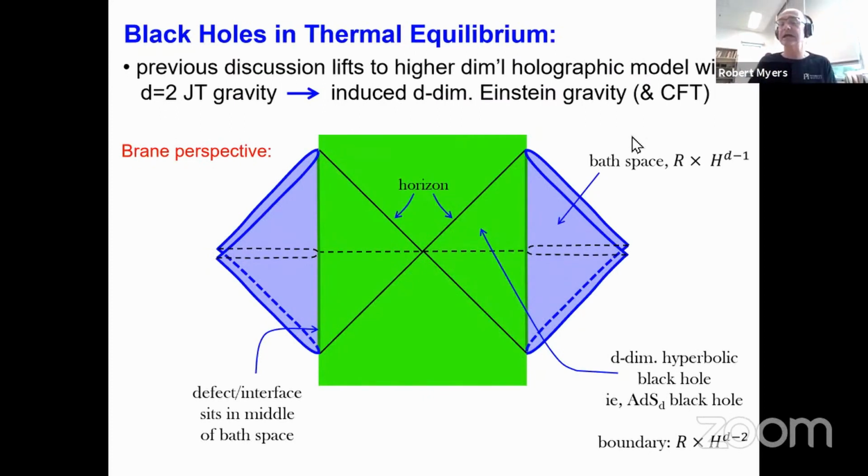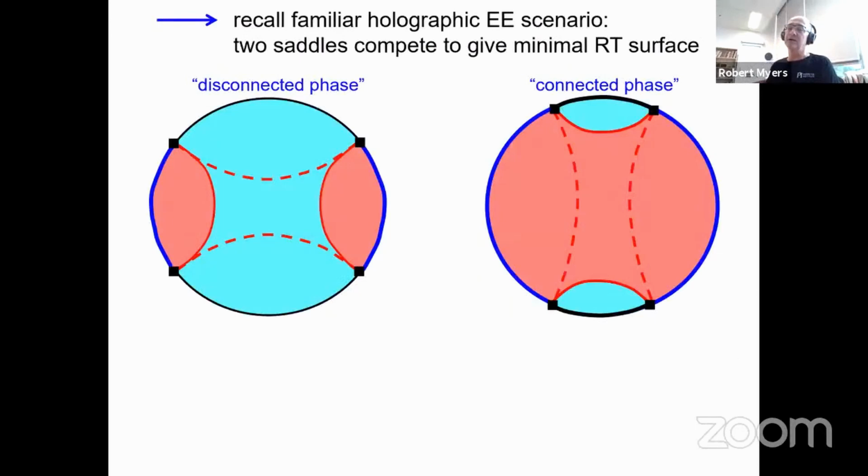One of the key aspects is now we're talking about higher dimensions. We're talking about something that looks like Einstein gravity. I'm just going to remind you of something from holographic entanglement entropy. Often, if we have 2 regions, say in the boundary, that we want to calculate the entanglement entropy for, there are competing saddles, or competing surfaces, that want to tell me what the entropy is.